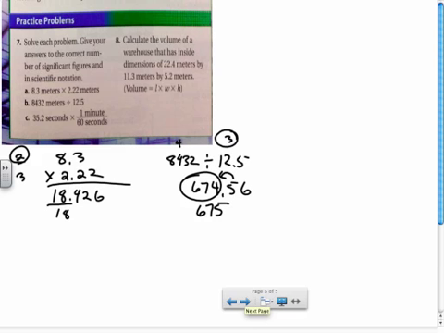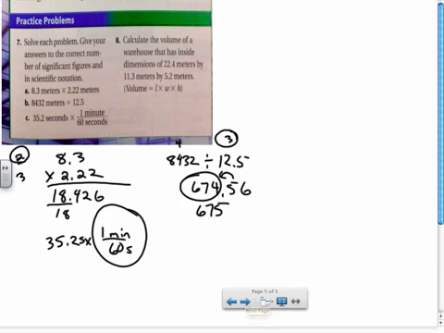C, a little bit tricky. You might think not, but it is. 35.2 times 1 minute over 60 seconds. Now what's important about this is that you understand that this right here is an exact quantity. It is a standard. We know that there's exactly 1 minute in 60 seconds.